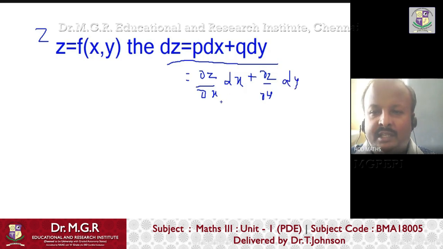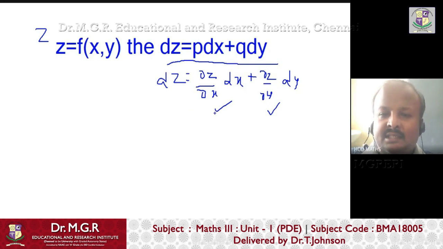Using the total differential idea, dz can be written as whatever changes occur in z with respect to x, multiplied with dx, and with respect to y, multiplied with dy. That is equivalent to the total change in z, called dz.